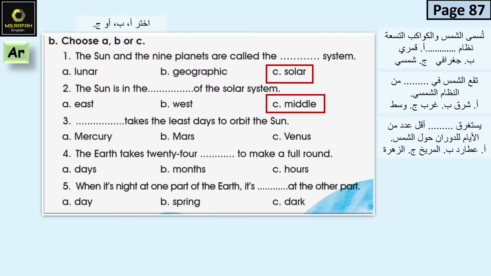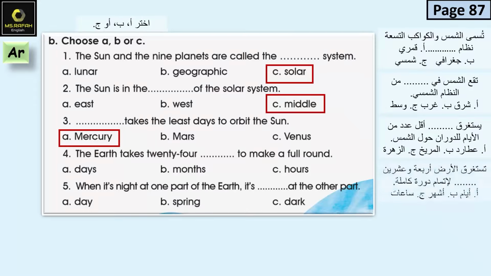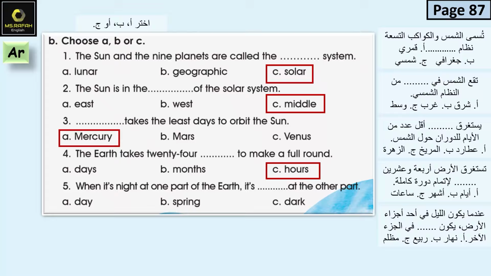Mercury, Mars, Venus takes the least days to orbit the Sun. Mercury. The Earth takes 24 days, months, hours to make a full round. Hours. When it's night at one part of the Earth, it's day, spring, dark at the other part. Day.